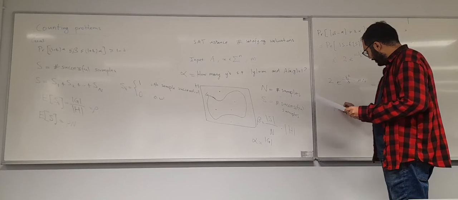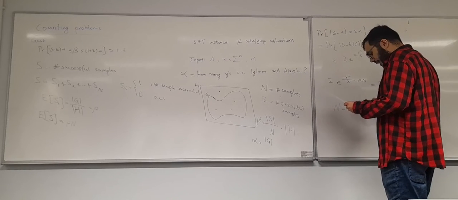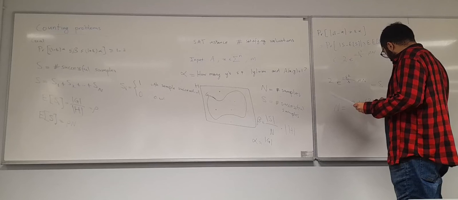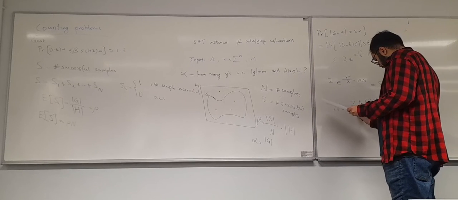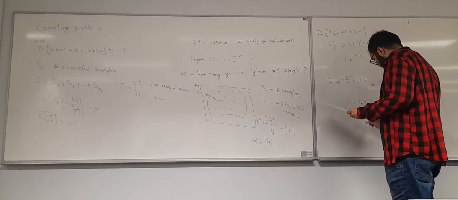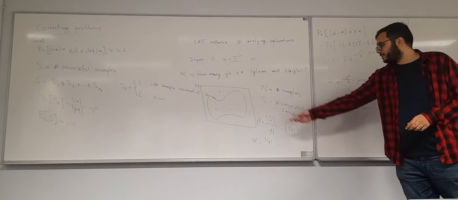So I can just set n to be 3 times the natural log of 2 over delta, divided by epsilon squared rho.